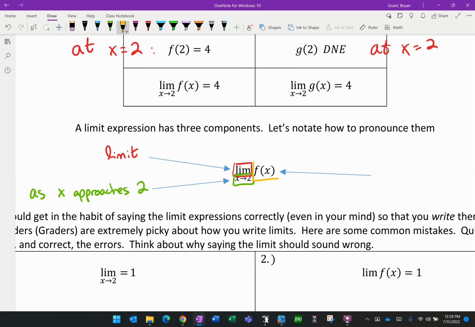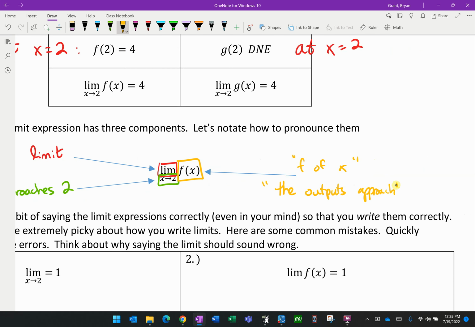So we have f of x. So as x approaches 2, we would say either f of x, right? F of x, easy enough. Or we could say the outputs approach. It's supposed to say approach, but we get the idea.